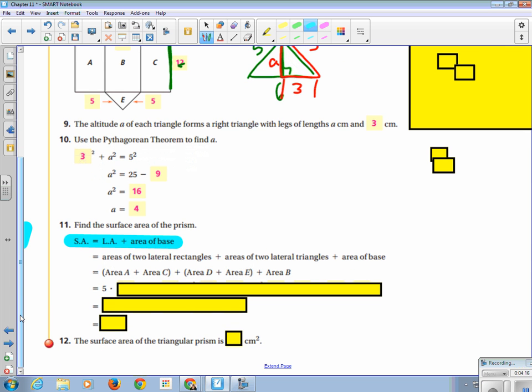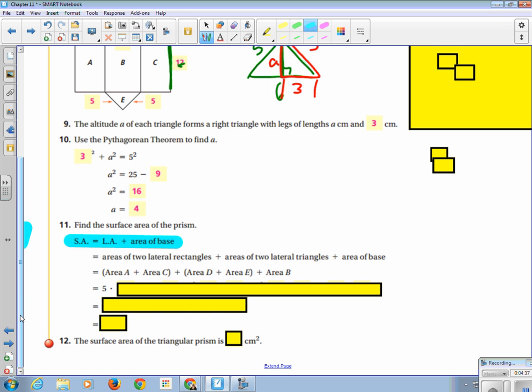So the area of 2 lateral rectangles plus the areas of 2 triangles plus the area of our base. So we look at the area of A and C, because these 2 rectangles are the same.